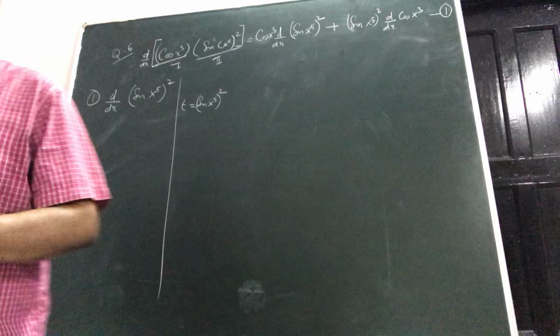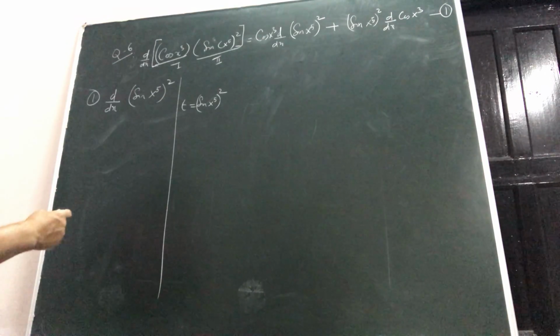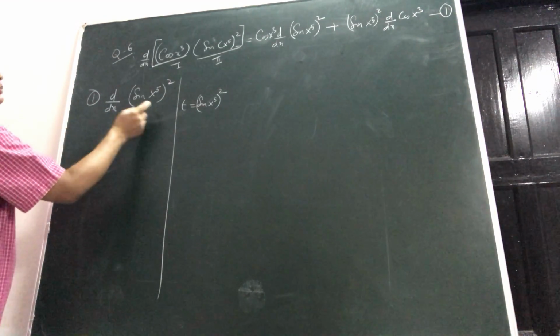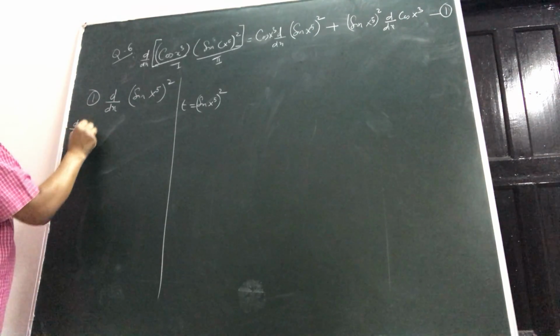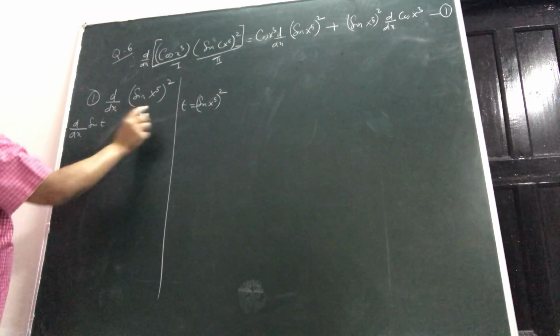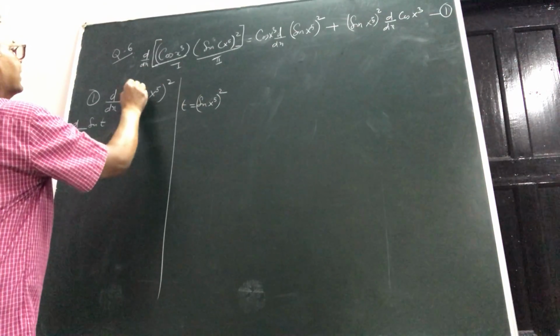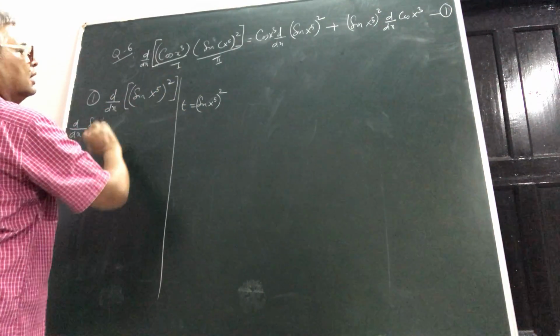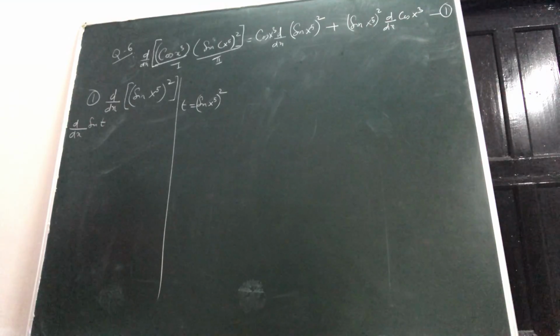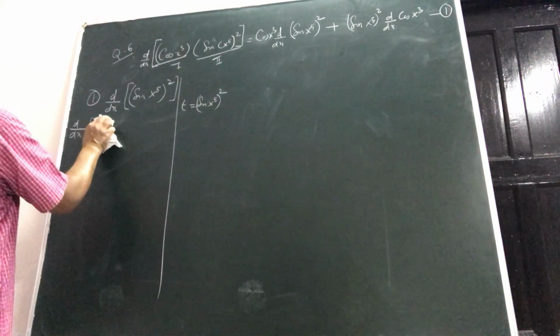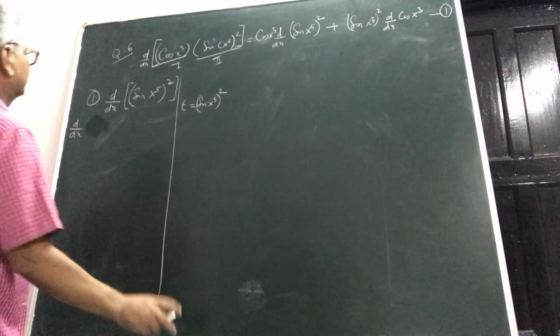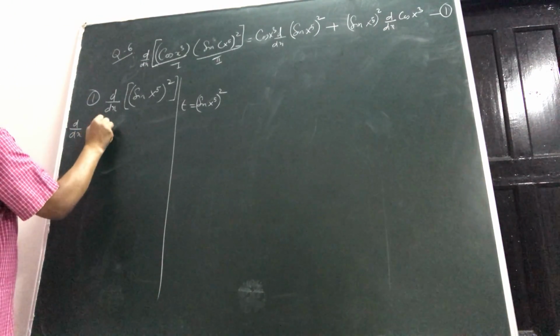So this will take the shape d by dx of t square.